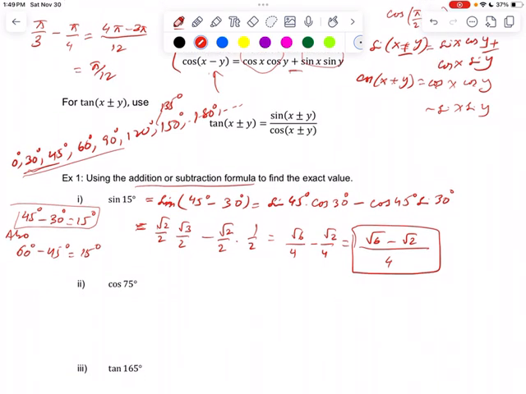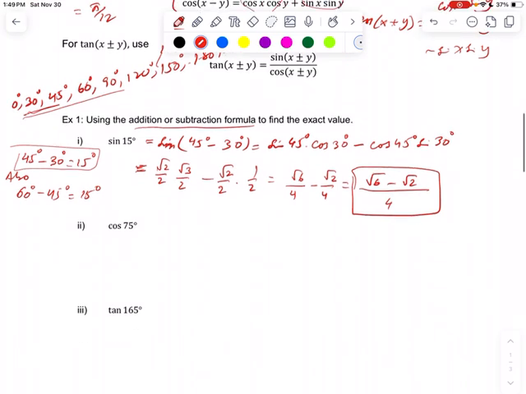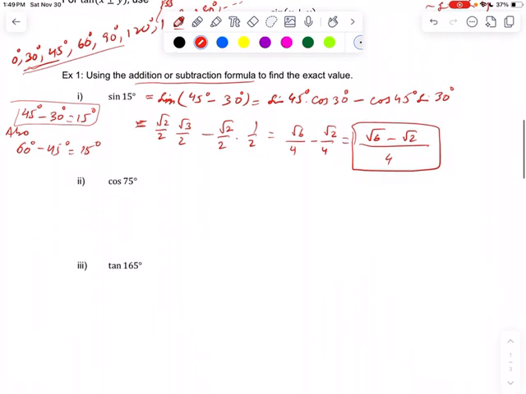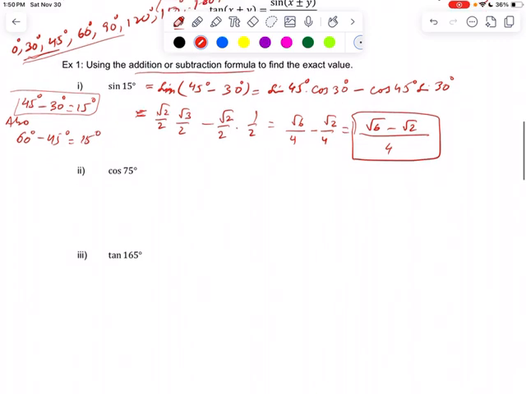Next, cosine of 75 degrees. Now, how can we look at that one? Again, we have to think about how we can express the 75 degrees as a sum or difference of the known angles.